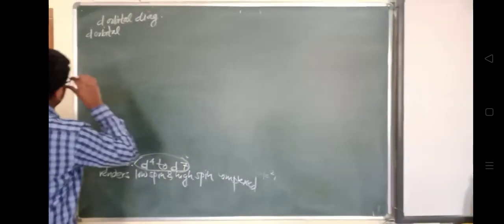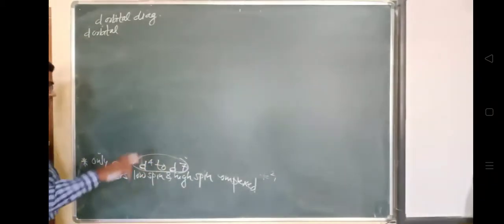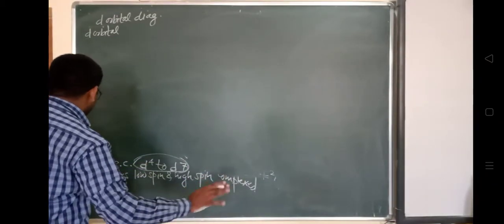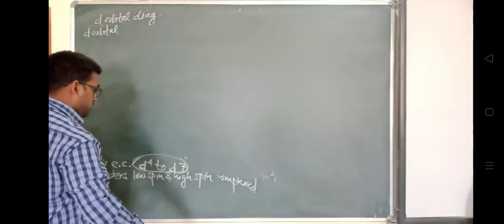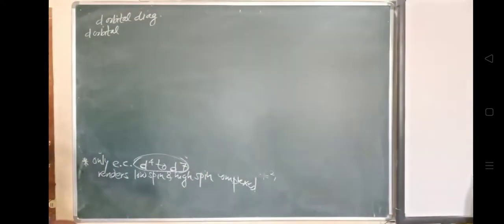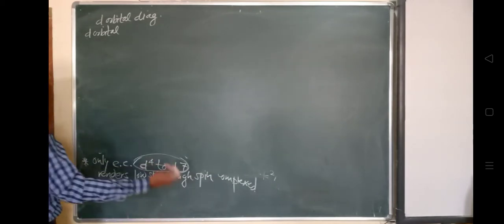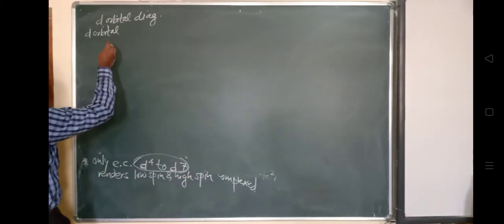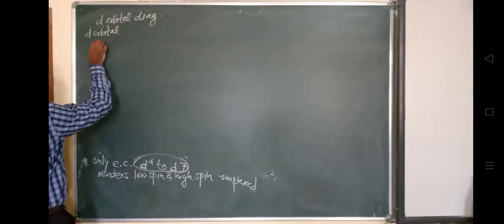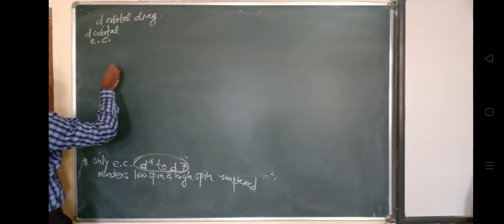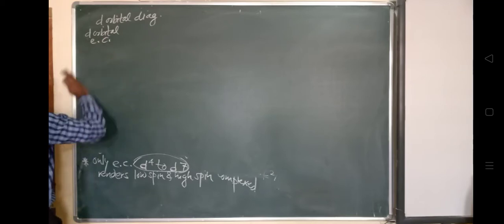Otherwise, from d1 to d3 and d8 to d10, we cannot distinguish based on low spin and high spin. EC means electronic configuration. So the d4 orbital.